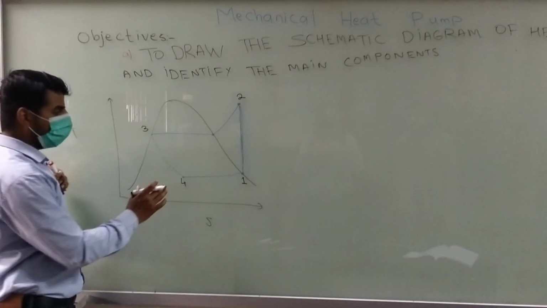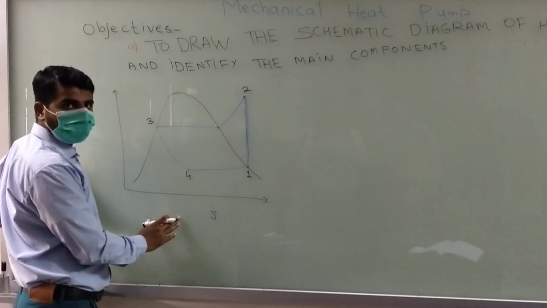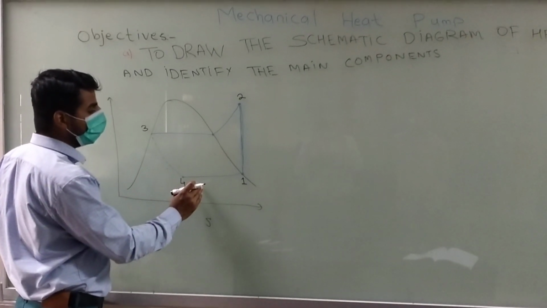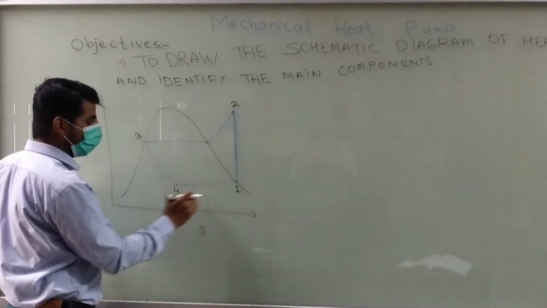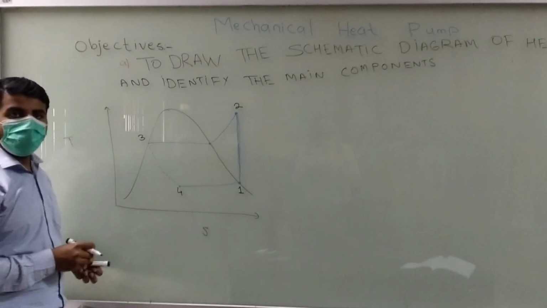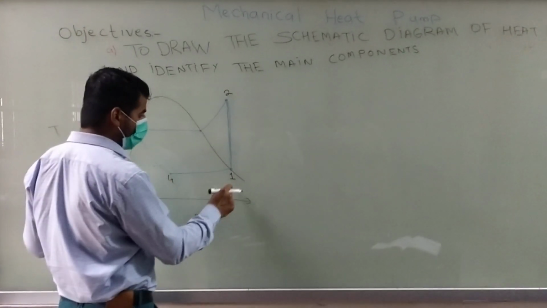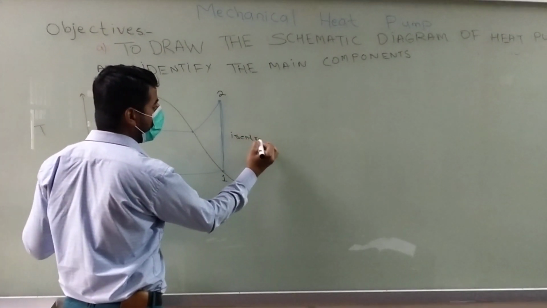Okay, this one is the TS diagram of vapor compression cycle. Four processes have been labeled: process 1 to 2, 2 to 3, 3 to 4, and 4 to 1. We will look at these processes one by one. First of all, this 1 to 2 is basically isentropic compression.